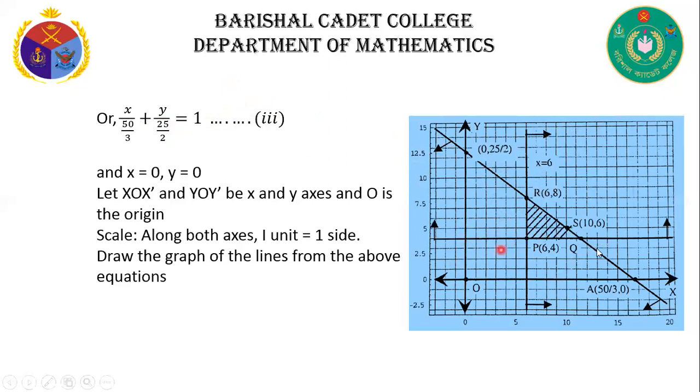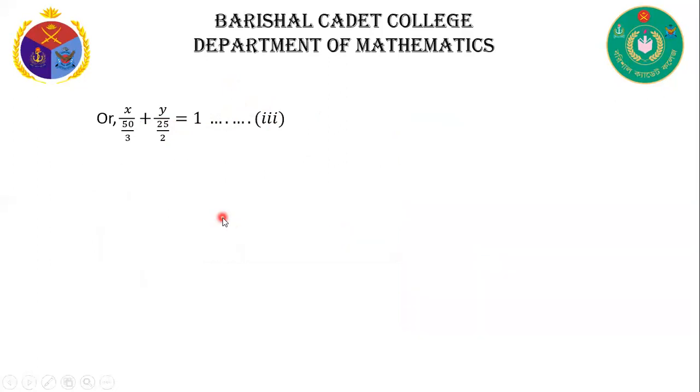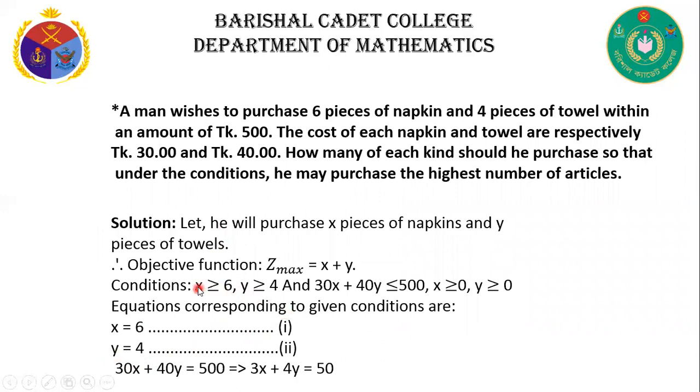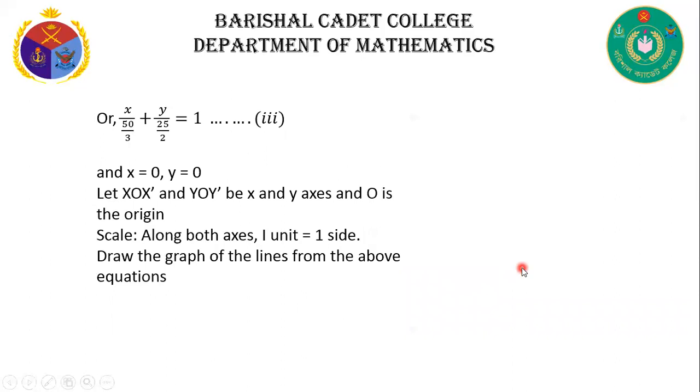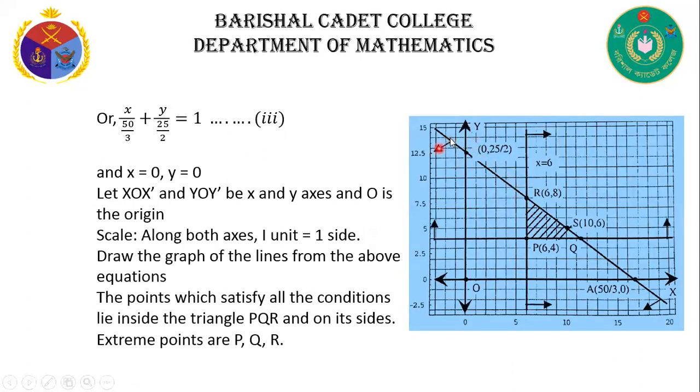And if we put y equal to 0 in y greater than or equal to 4, this is not true. That's why the direction is the other side of the line. And if we put x equal to 0 and y equal to 0 in the third, then this is true. That's why this direction is towards the origin. So this line is directed towards the origin and the other 2 lines are on the opposite side of the origin.